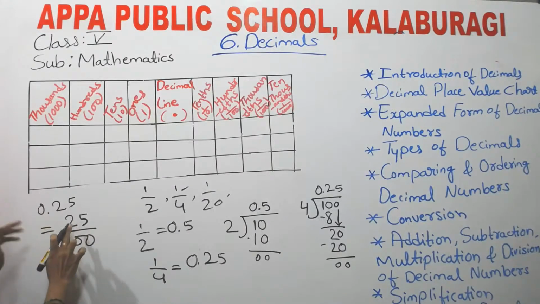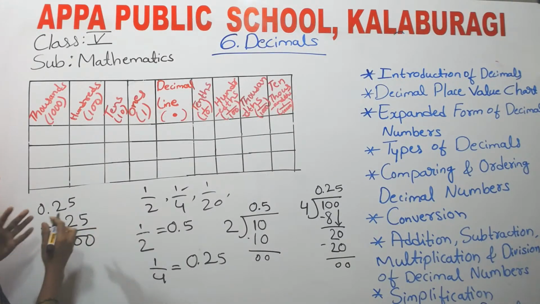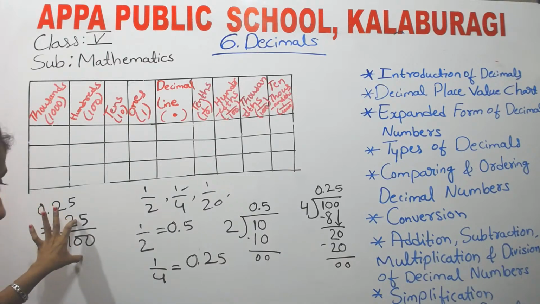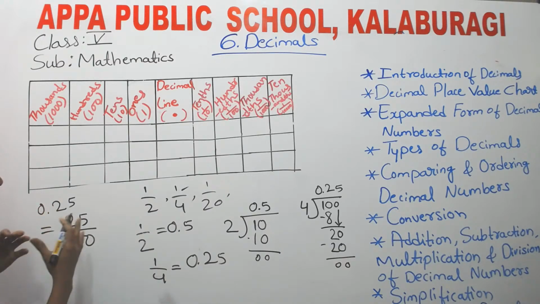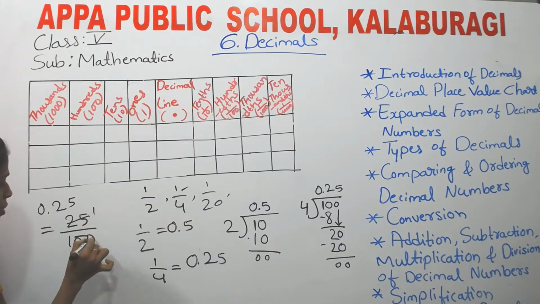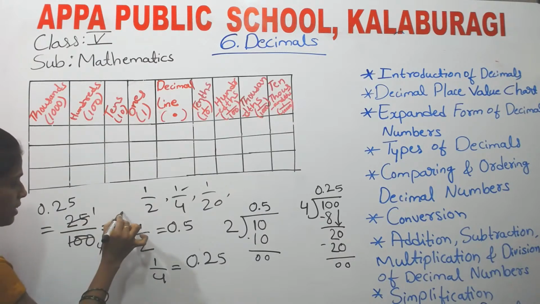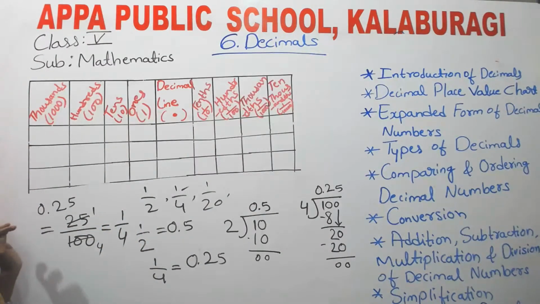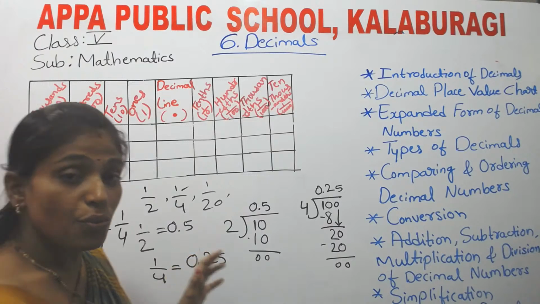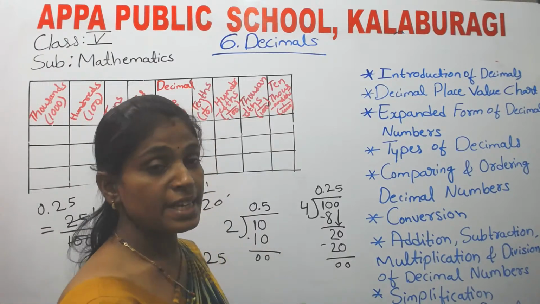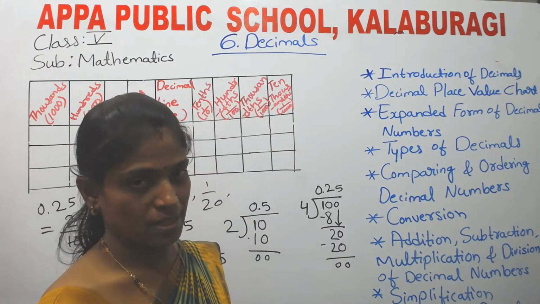This is 25 divided by 100. Next, write 25 by 100 in simplest form. 25 fours are 100. You will get 1 by 4. Now understood, children? These fraction numbers are related to decimals also.